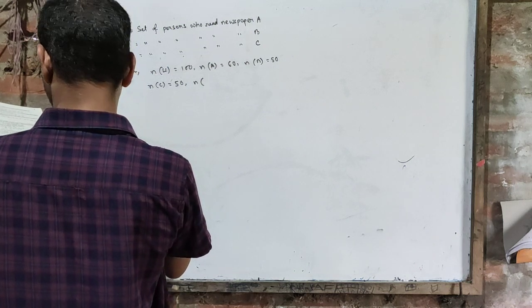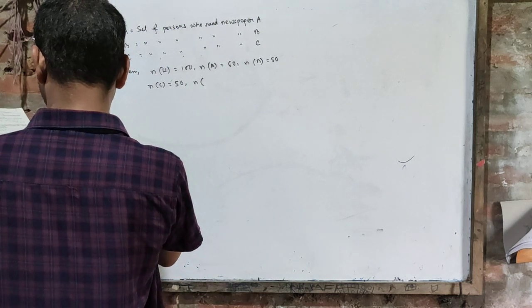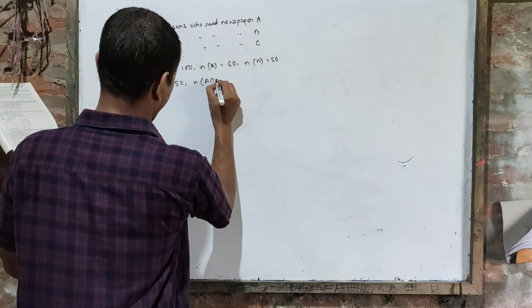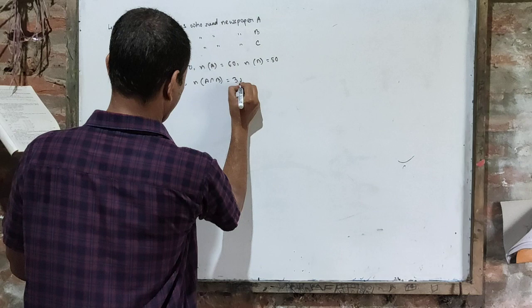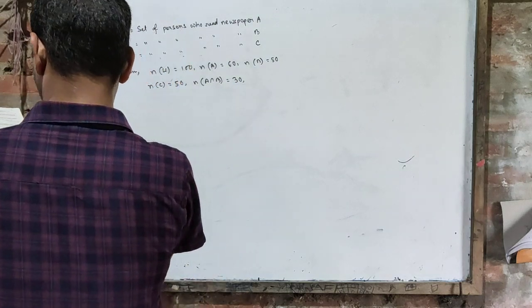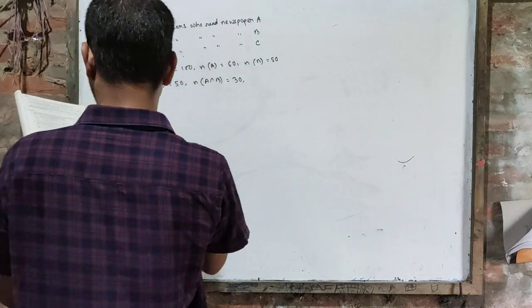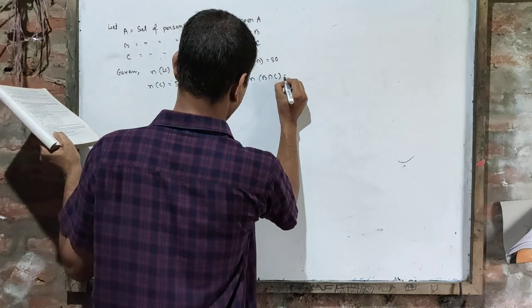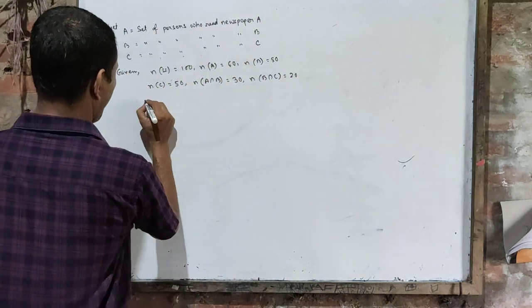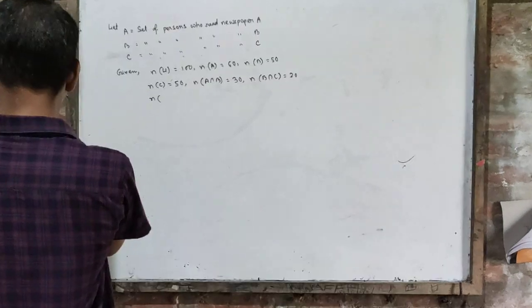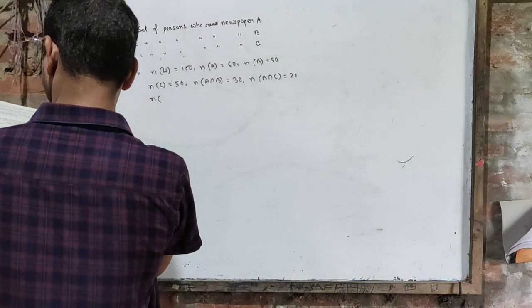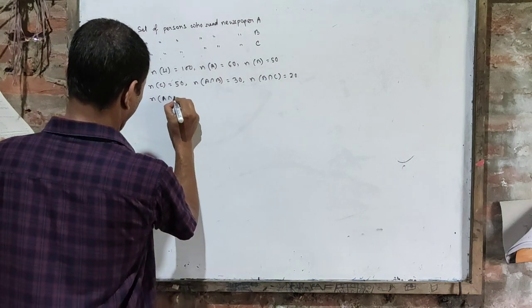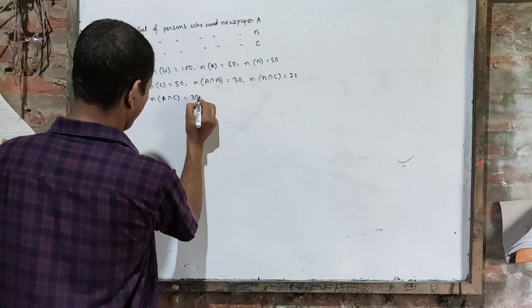Then 30 read both A and B. That means A intersection B is equal to 30. Then 20 read B and C. Then 30 read A and C, so A intersection C is equal to 30.